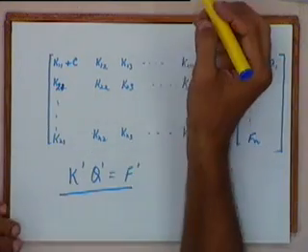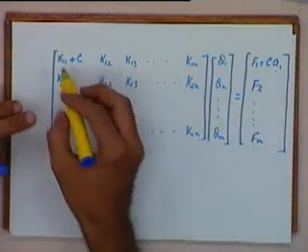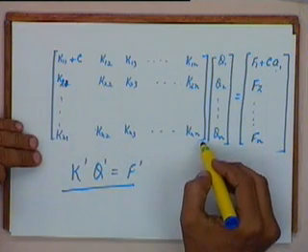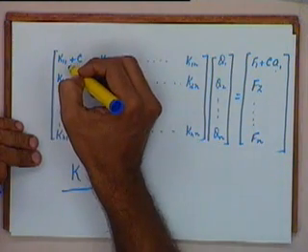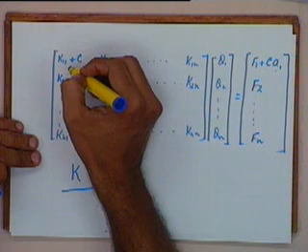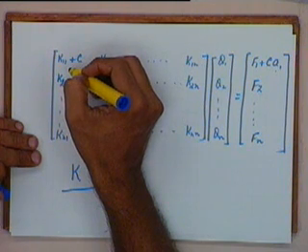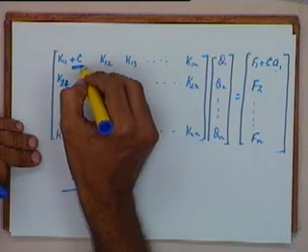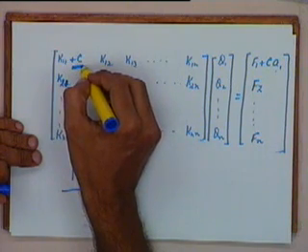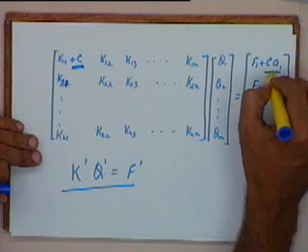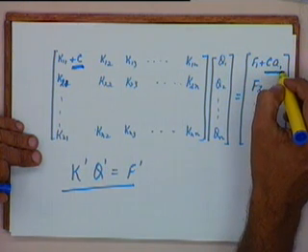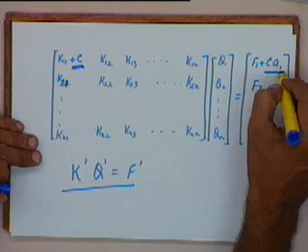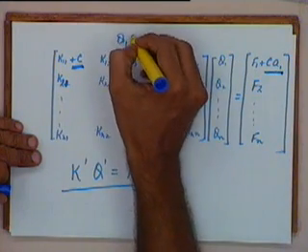So in this penalty approach, what we are doing is we are taking the stiffness matrix, and in the diagonal element for the node which is constrained, we will add a very high stiffness, very high value C, and the corresponding first term we will modify by adding C times A1. Mind you, we are talking of a constraint which is Q1 is equal to A1.